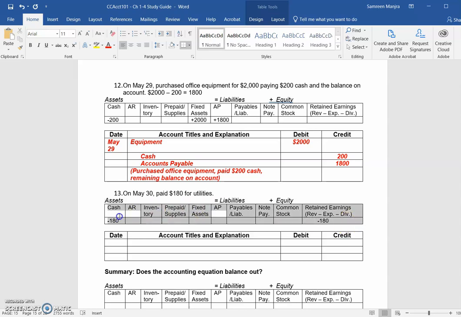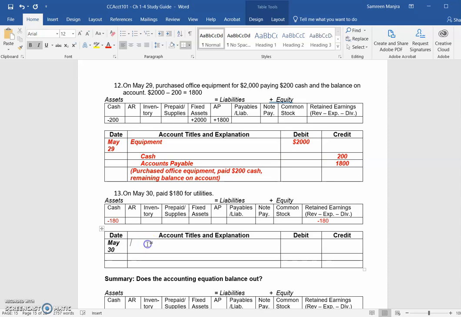Our journal entry is going to be recorded on May 30th. We're going to record a debit to utilities expense, and the amount will be $180. And we're going to record a credit to cash of $180. And the reason for that is paid for utilities.